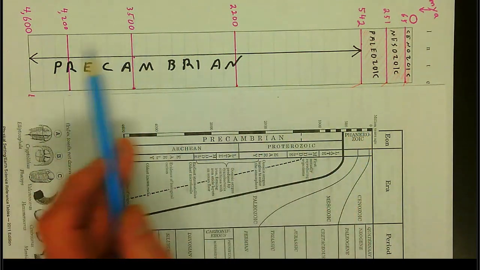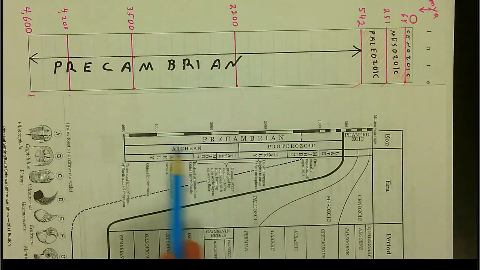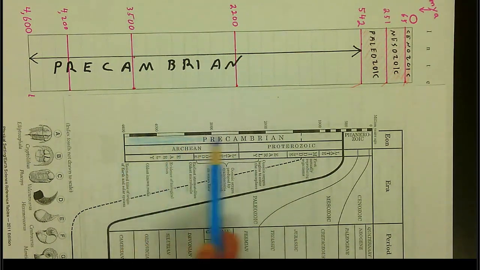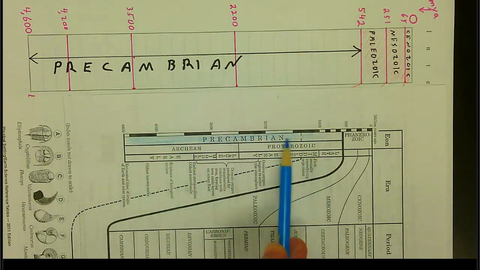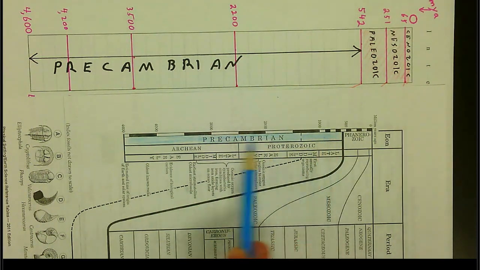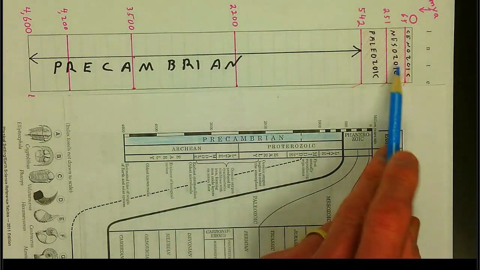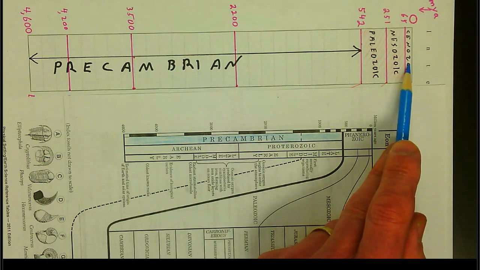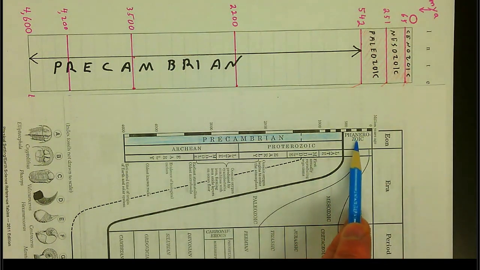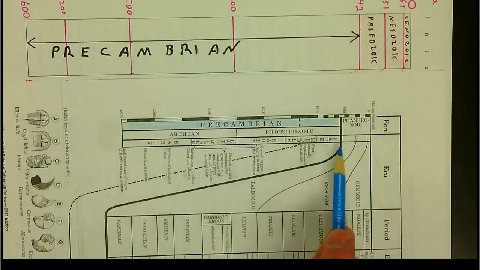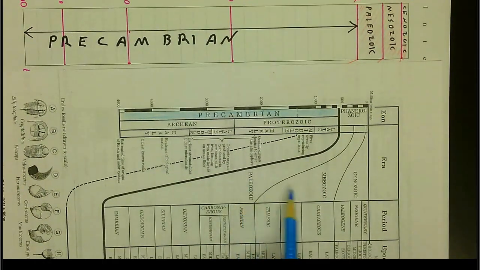And we have a large section referred to as the Precambrian. This small section, which includes the Paleozoic, Mesozoic, and Cenozoic eras, is called the Phanerozoic Eon, and you can see how that's split up into the Paleozoic, Mesozoic, and Cenozoic eras.